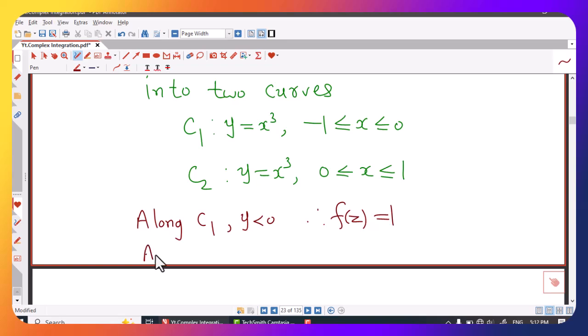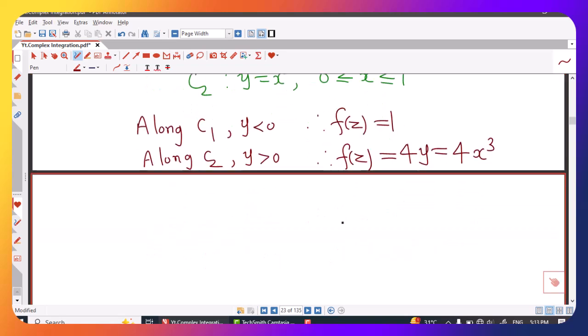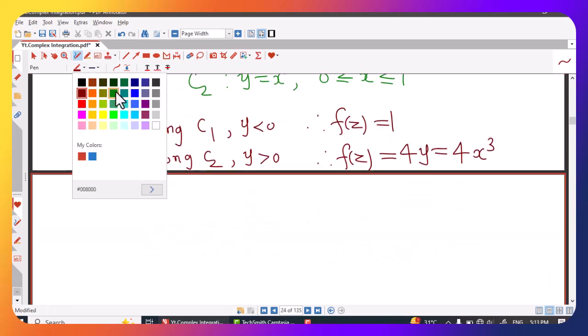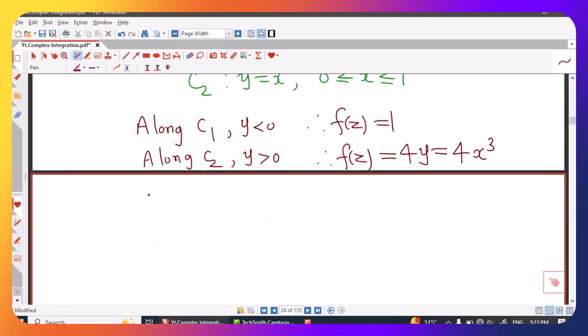Similarly, along C2 y is greater than 0, so f of z is 4y, and y will be replaced by x cube. So we will put f of z equal to 4x cube along C2, and f of z equal to 1 along C1. Similarly, we have to determine z in terms of x.